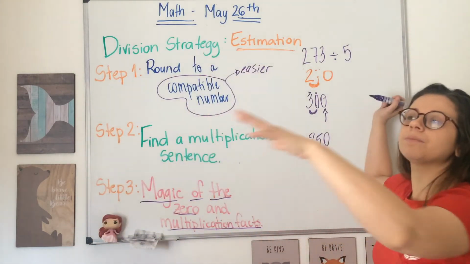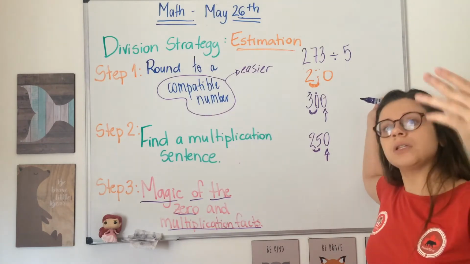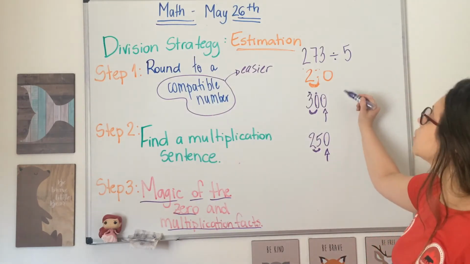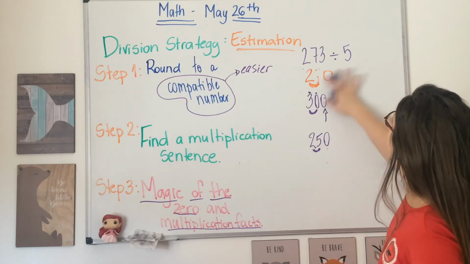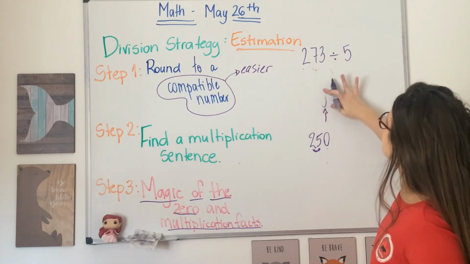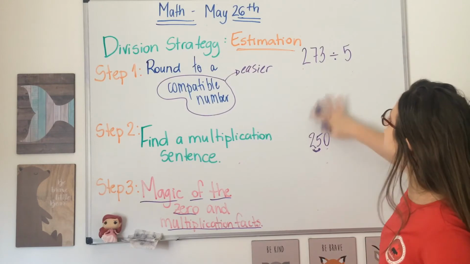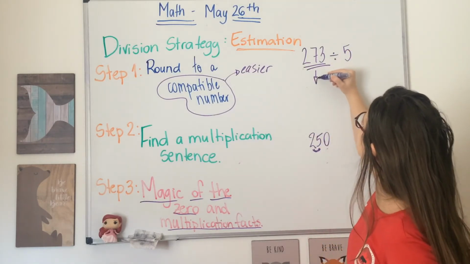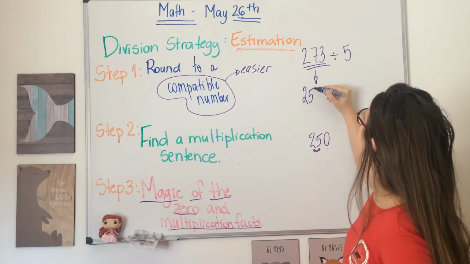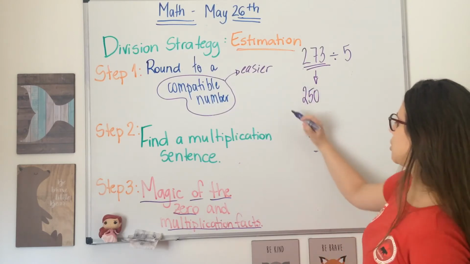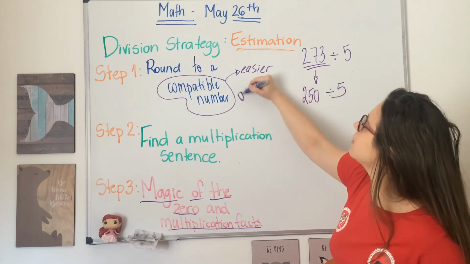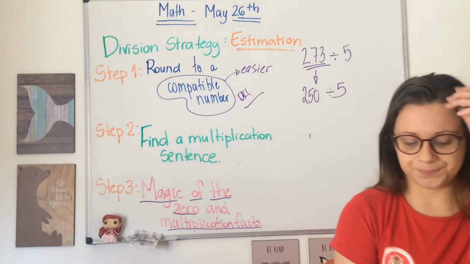So I strongly suggest you always round to the lower, okay? So I'm going to use 250. I could use 270, but it's not a good number. So I'm going to round 273 to 250. So I changed it, I rounded my division sentence. And my step 1 is done.